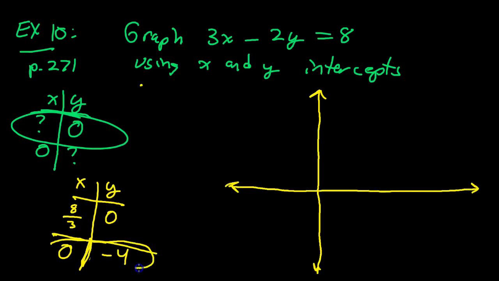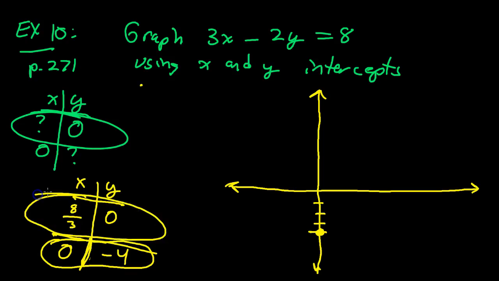Well, if x is 0, y is minus 4. That's the y-intercept. So I hit the y-axis at the coordinate minus 4, or 0, comma, minus 4. Well, that's 1 point on the line. How about here? If y is 0, x is 8/3.